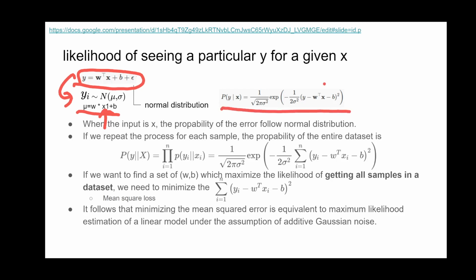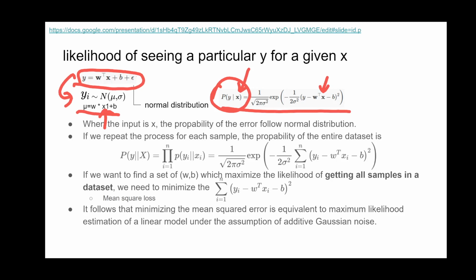So for each x, we decide a distribution, and then for a specific x we can get the probability of the specific y here. This is for one sample. It means that for a given x, what is the probability of getting a particular y?